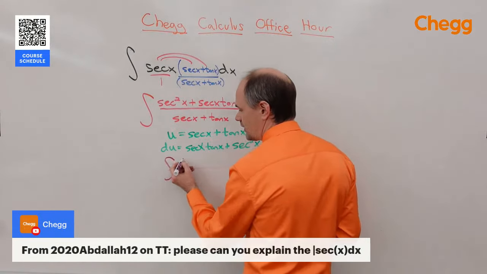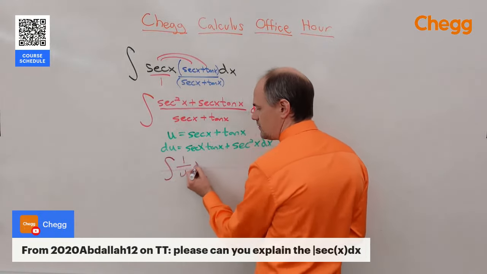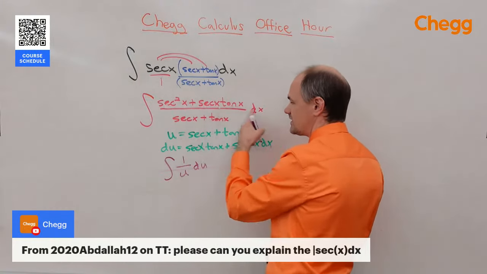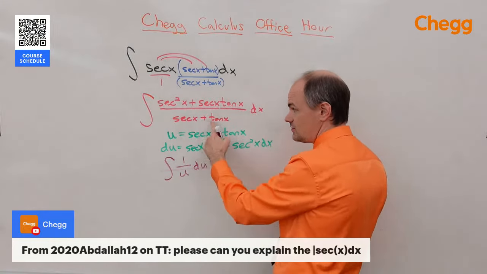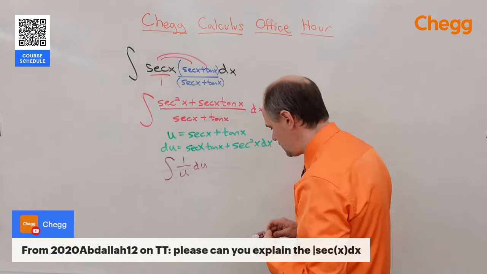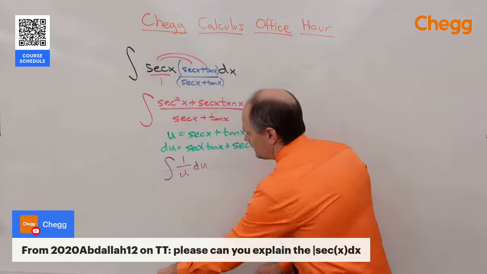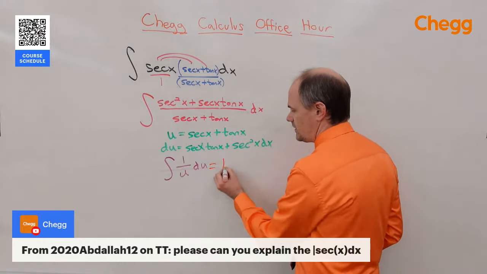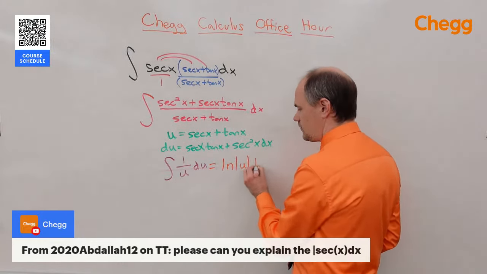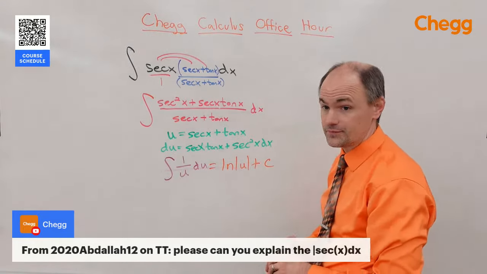So really, we're just integrating 1 over u du, because the secant squared plus secant tangent dx all became my du. The denominator became my u. And this is a really nice, simple antiderivative. Let's go orange. It's the natural log of u plus our constant.